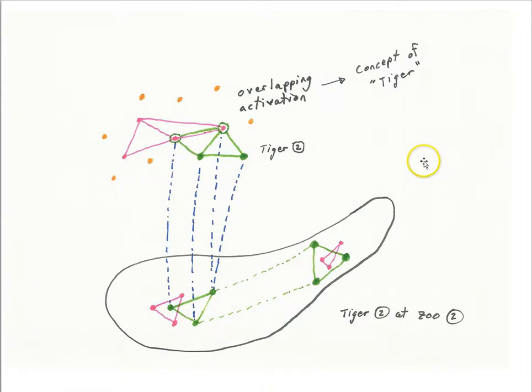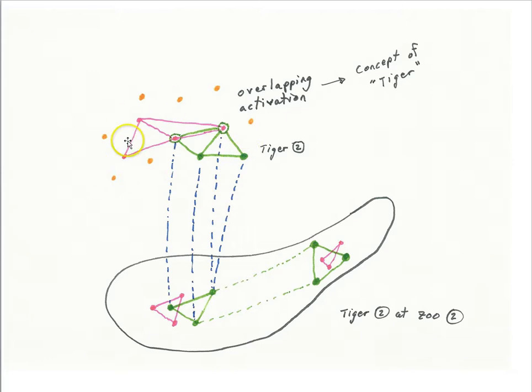Now let's return to our Tiger at the Zoo episodes. Let's say we go to another zoo, Zoo 2, and we see Tiger 2 at Zoo 2. Now remember, the hippocampus is good at pattern separation, so we're going to have a non-overlapping hippocampal memory trace for Tiger 2 at Zoo 2. It'll have an anterior component and a posterior component.